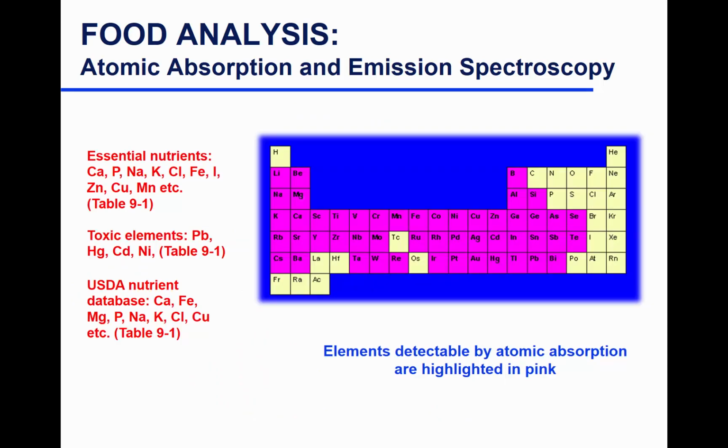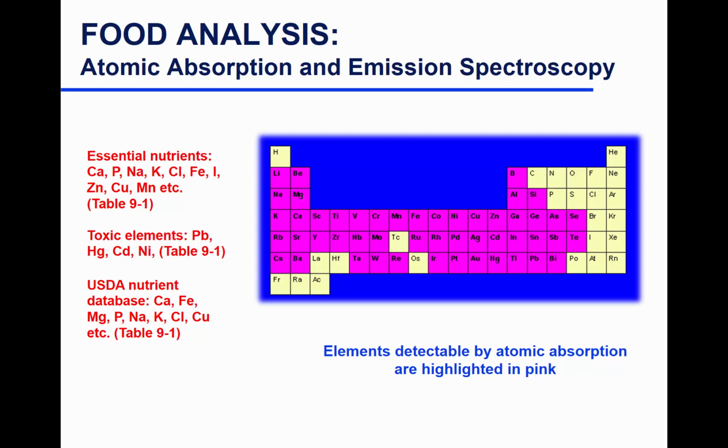Okay, so all those in pink from your periodic table can be determined using atomic absorption or emission spectroscopy. So they are categorized as essential nutrients, and there are several of them. Here I'm just listing a few. Table 9.1 in your book lists all of them. And then there are toxic elements. Also there are others in the table.